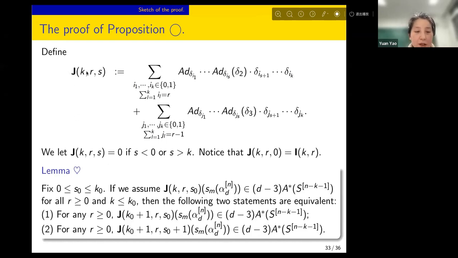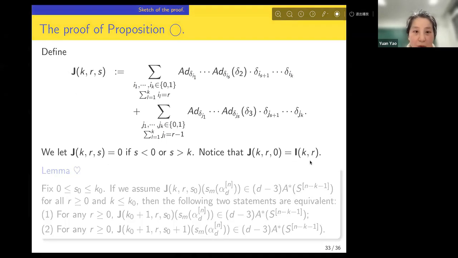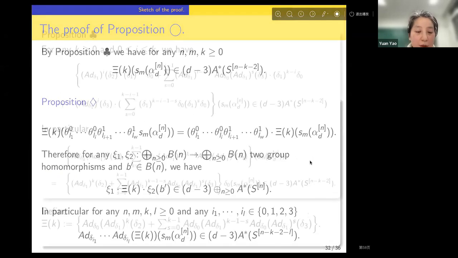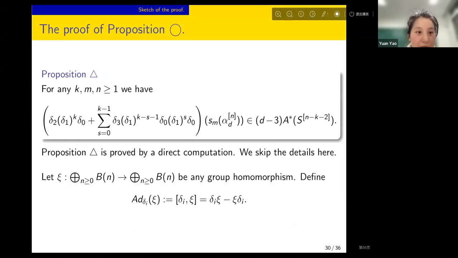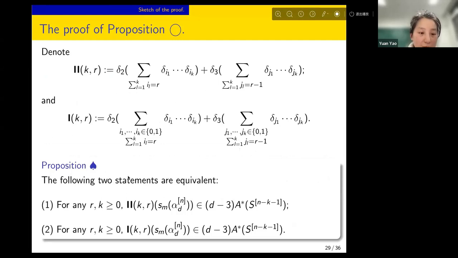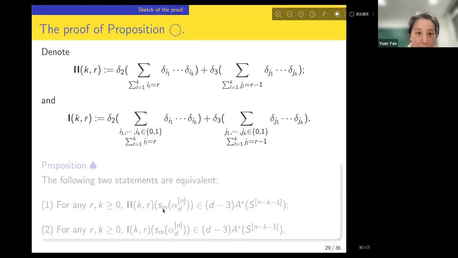Here, J_KRS, when s equals 0, is exactly our I_KR. I_KR is what we want to prove in the proposition, so the two statements are equivalent, and the first statement is exactly in the proposition.